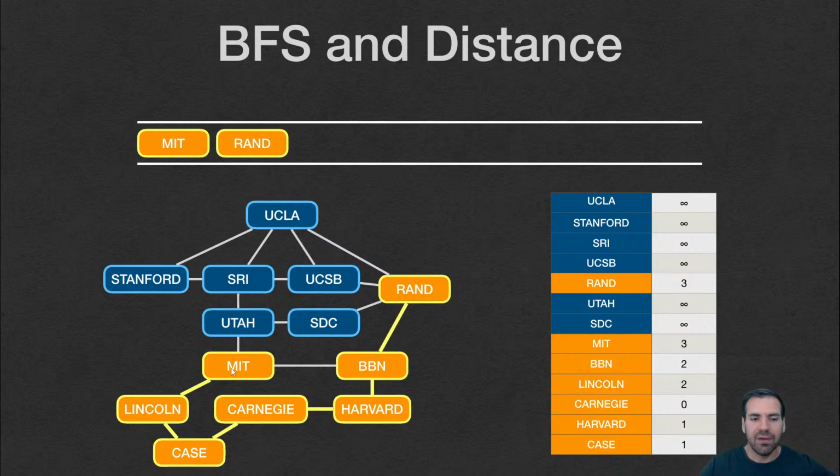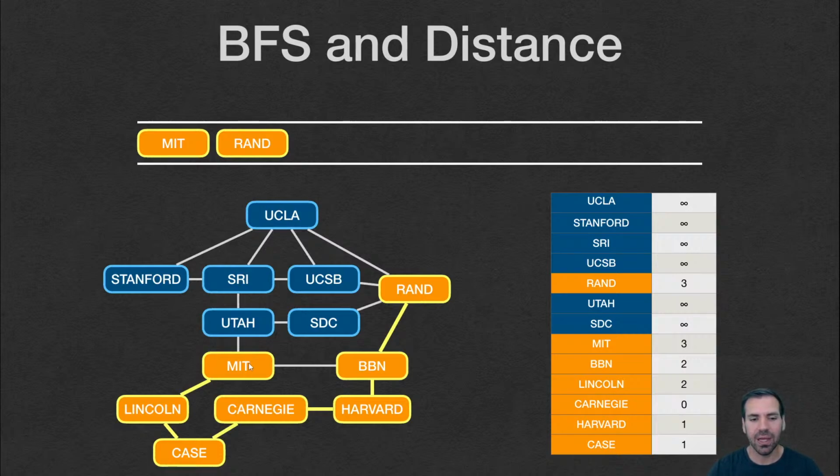Which means when I find Utah through MIT, MIT has distance 3, and I know I've already DQ'd every node of distance 2, 1, or 0, and when I DQ'd all of those nodes, I never found Utah, then I know Utah does not have distance 3 or less.